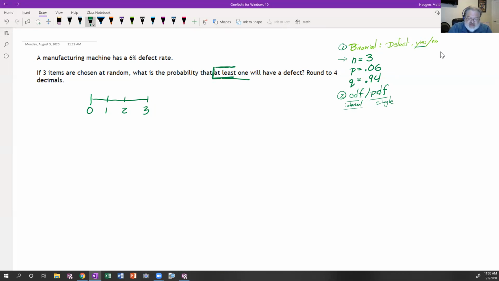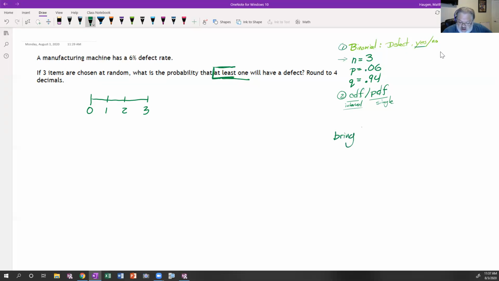One of the reasons that people have some trouble with at least and at most is people associate least with less and most with more. Let me do it this way.